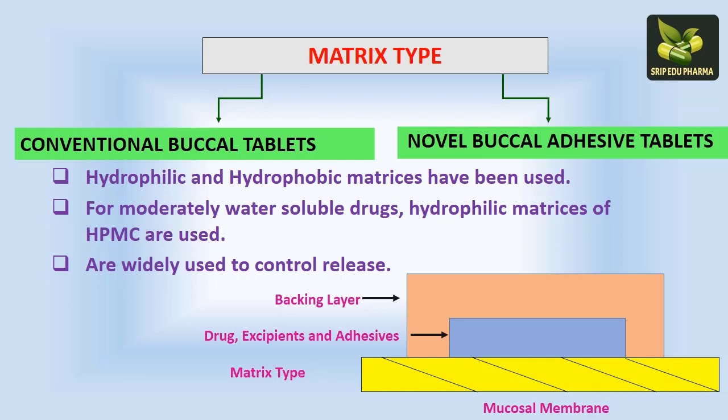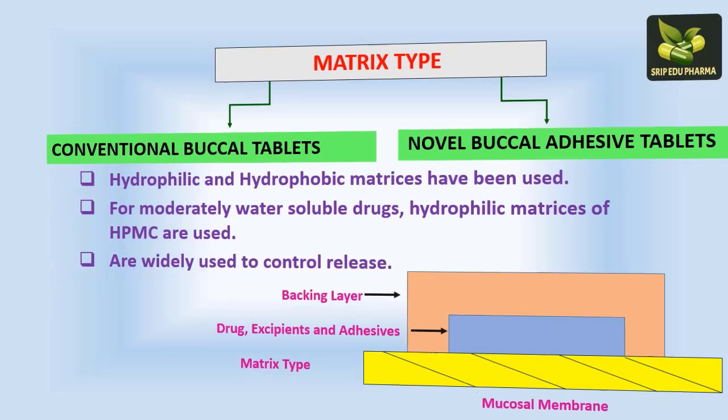The diagram represented here is a type of matrix tablet. Here you can see that the backing layer is there, then drug, excipient and adhesive, all three are in a single layer. Then there is contact with the mucosal membrane. So from the diagram you can easily understand the structure of the matrix type novel buccal adhesive tablet.